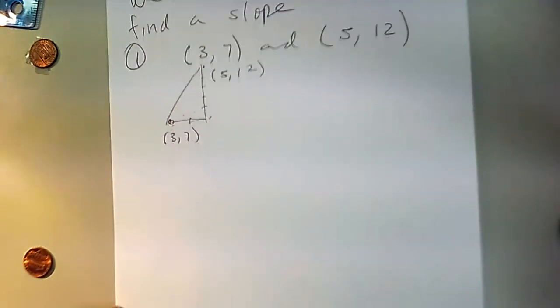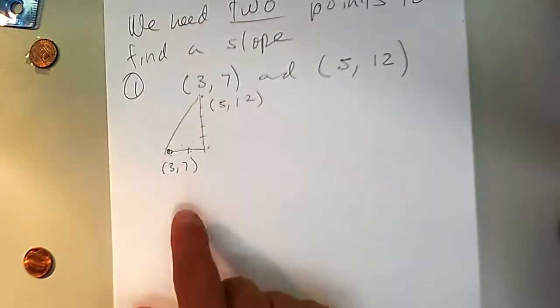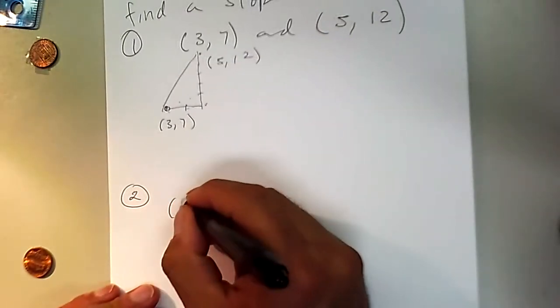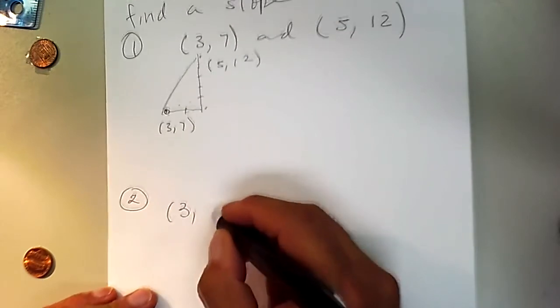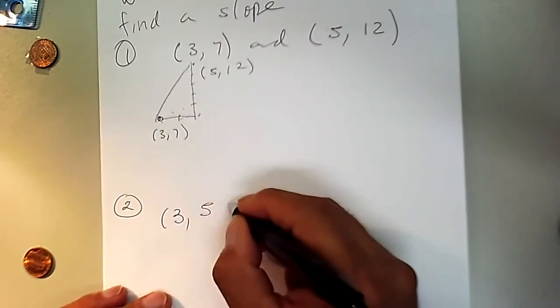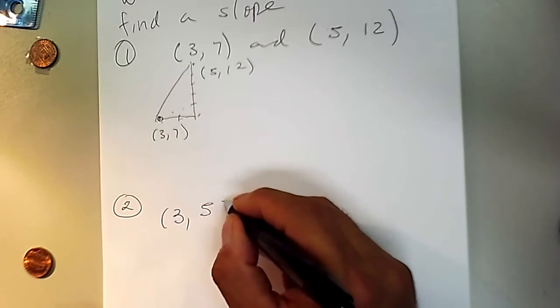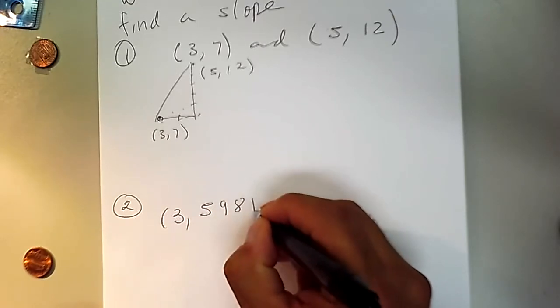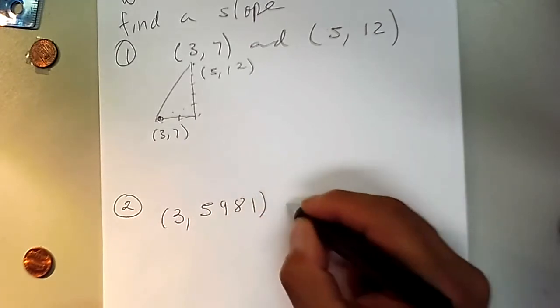In fact, while I'm doing this, I'm going to do a second example, and we're going to have the point (3, 5981).